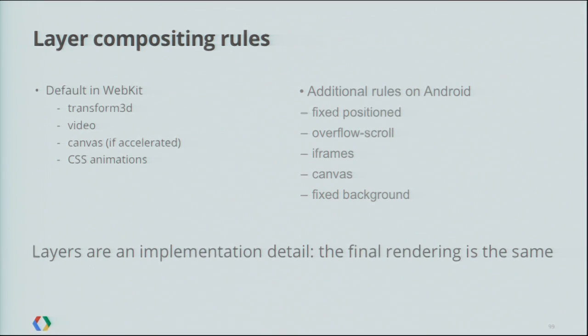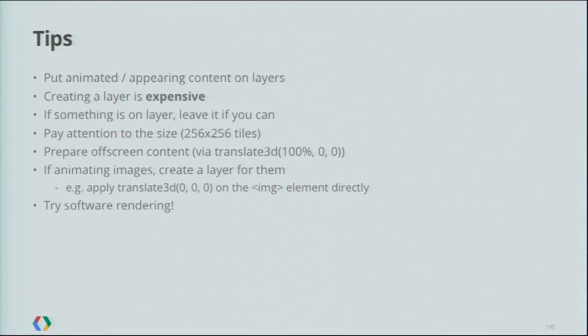The content is going to be visibly the same if you don't use a layer. It's just going to be much slower to render. Of course, if you use CSS 3D, that's not going to work, but that's a special case, because we don't do the transform in 2D. So basically, if you have content that you're animating, put it onto a layer.